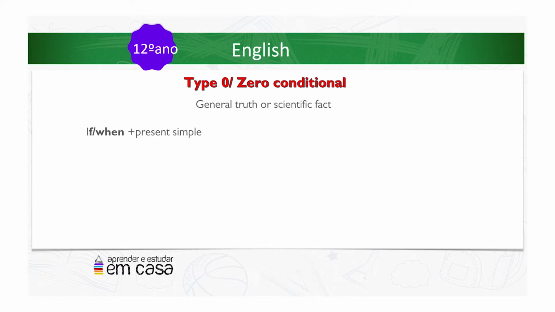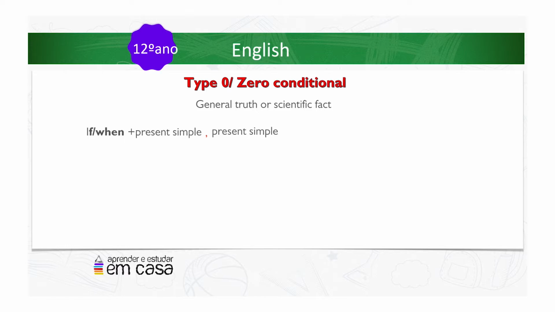Okay? Zero conditional goes for general truth and scientific facts, which means if you have a condition, you will have to have the result. And it can be if or when. You can express it with when because the result is so certain.